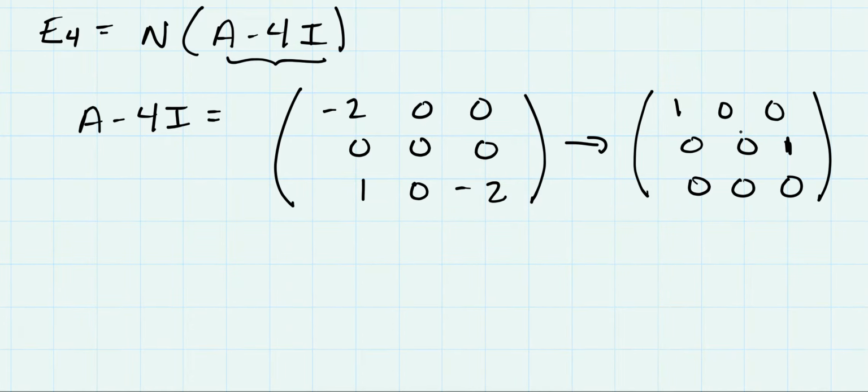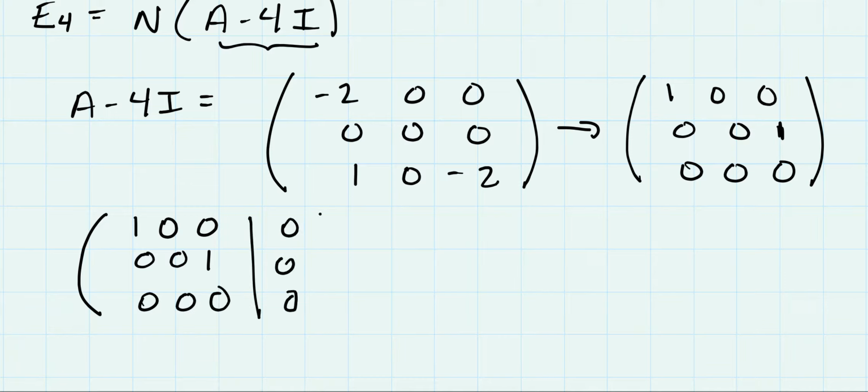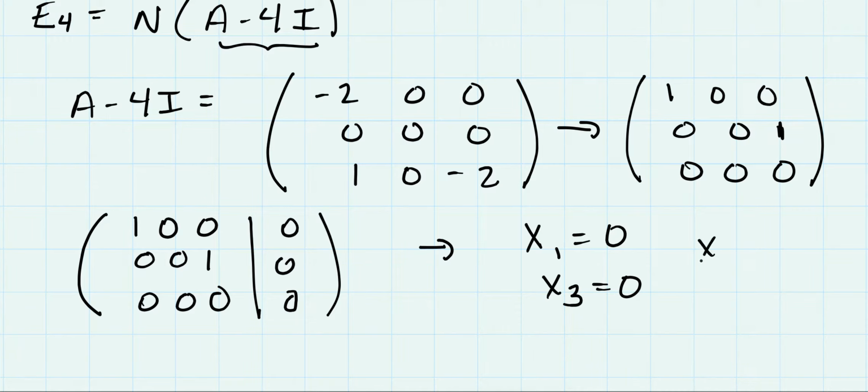So then to find the null space, I make this augmented matrix. All of this should be review, so I'm not really going through it too much. We see that x1 is 0, x3 is 0, and x2 is free.